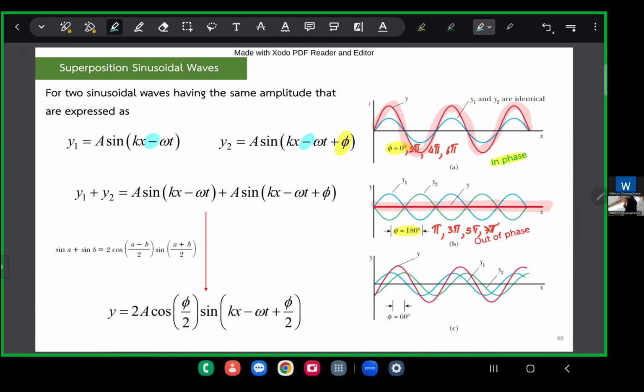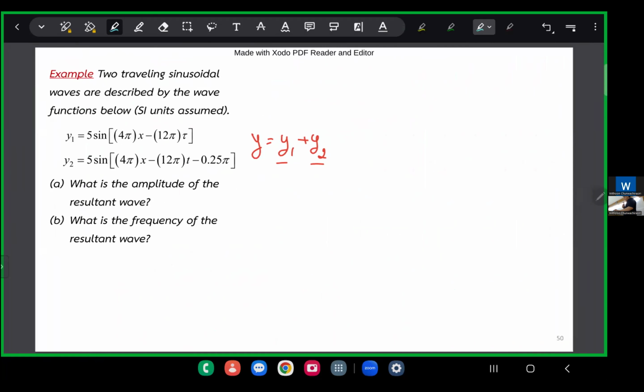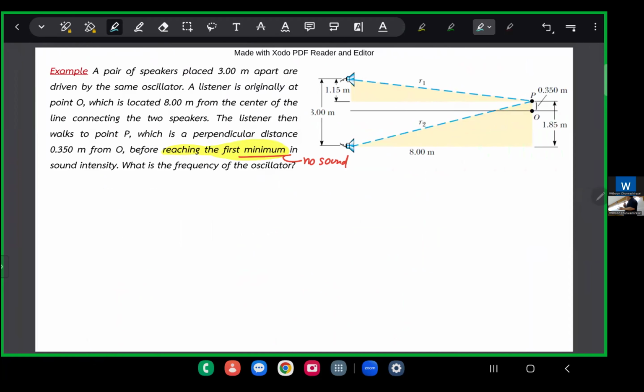There were loud and quiet positions. We did an exercise showcasing that in reality, what you really want to know is just the distances. If you know the distances from the sources, then you can convert between the phase and the distance. All right, that is done.